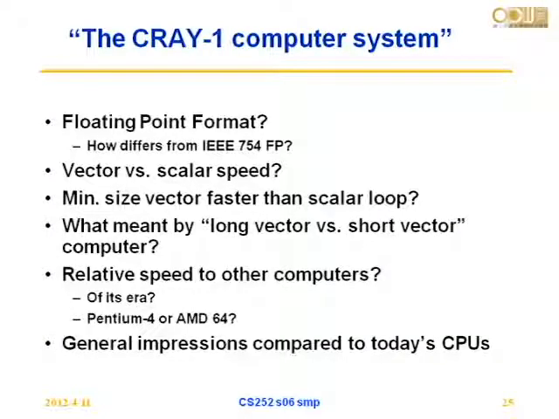What I have just talked about is the vector versus scalar speed, and the minimum vector size at which vector is faster than a scalar loop. When you have a long vector, what should you do? When you have a short vector, should you process it in scalar mode? That depends on this minimum vector length.